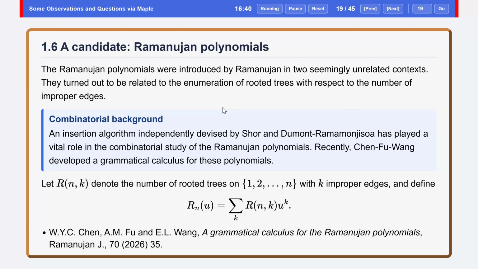Recently, we developed a grammatical calculus for those polynomials. Now let R_n denote the number of rooted trees, and we define the polynomial R_n(u) as follows. And what can we say about this polynomial?